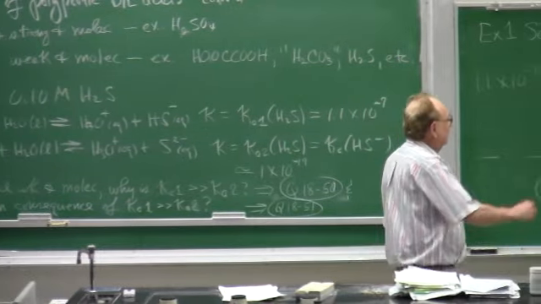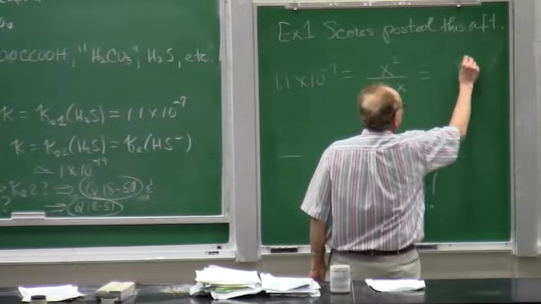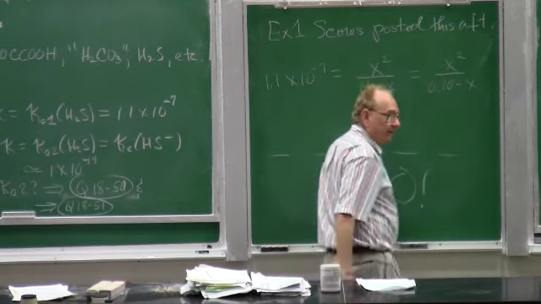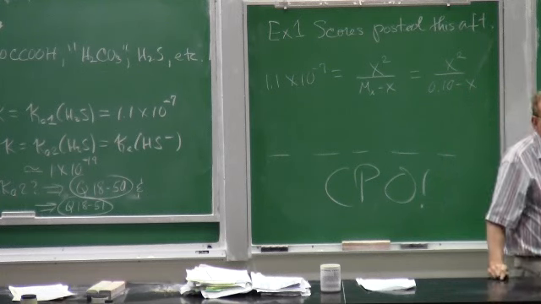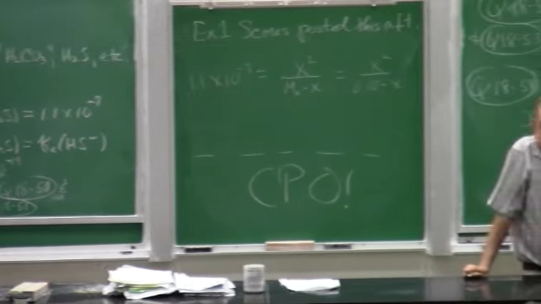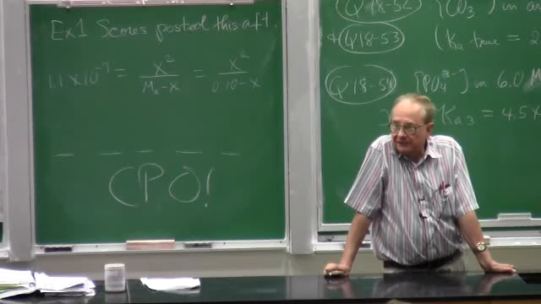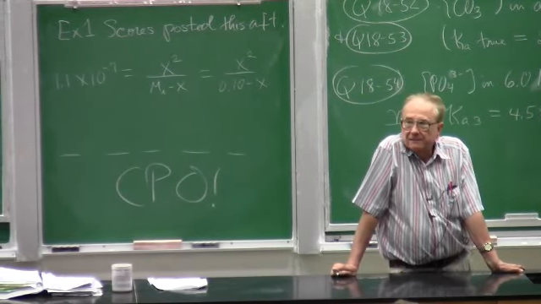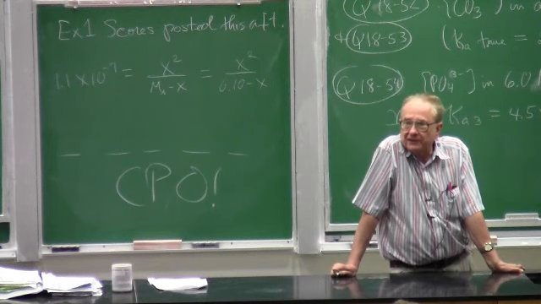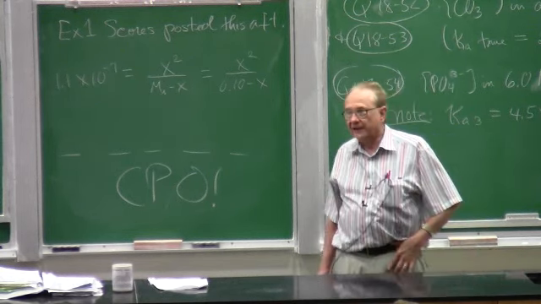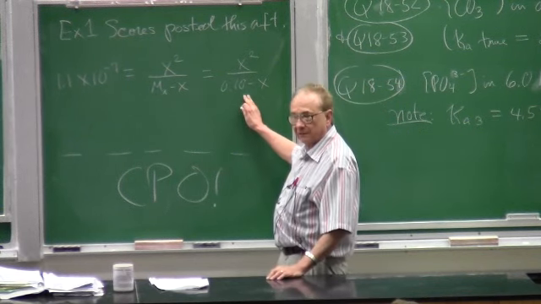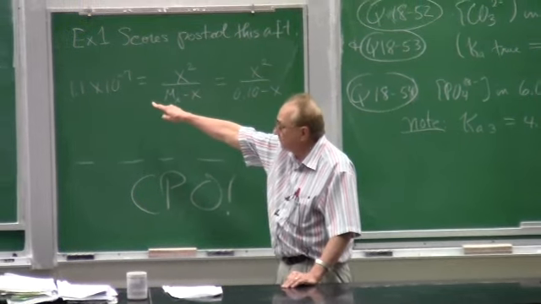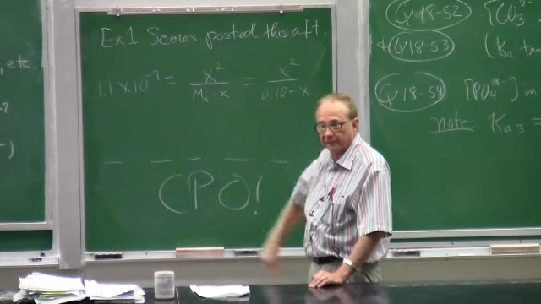So, there you have it. And as we've already recognized, if X is a small enough value, which it likely is, subtraction of X from M sub I does not change M sub I. And if that is true, then X is equal to M sub I times the Ka value, take the square root thereof.